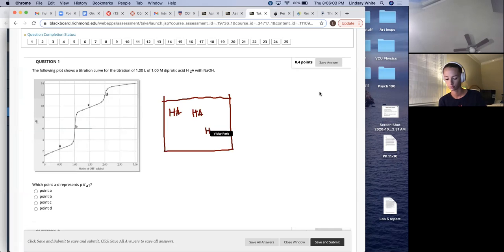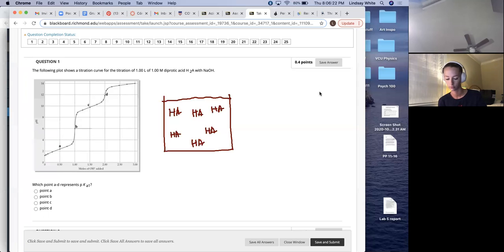So I'm going to draw my buffer again. And buffers are usually made out of weak bases and their conjugate acid, or a weak acid and its conjugate base, right? Yeah. Okay. So right now I have a weak acid.